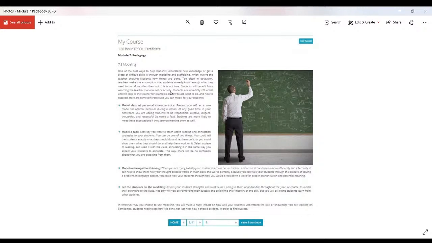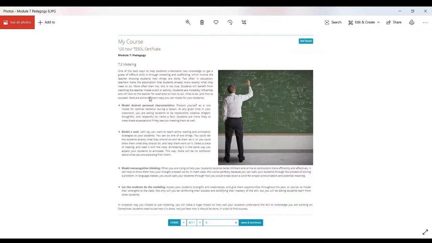Next part is modeling. One of the best ways to help students understand new knowledge or get a grasp of difficult skills is through modeling and scaffolding, which involve the teacher showing students how things are done. Too often in education, teachers make the assumption that students already know exactly what they need to do.